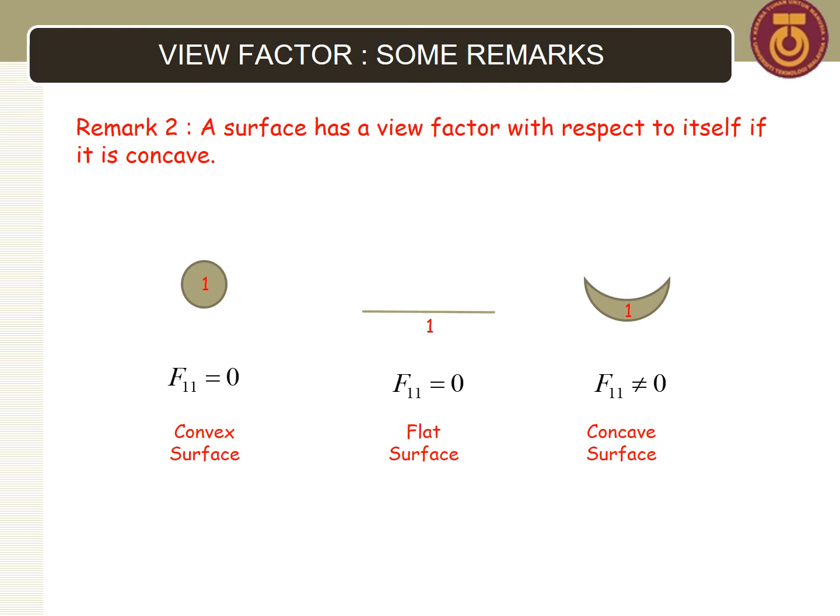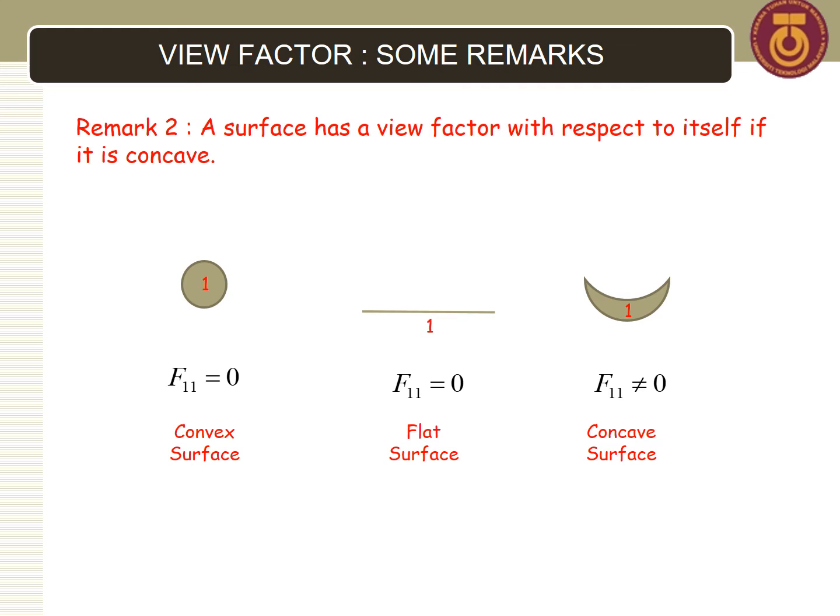View factor with respect to itself means F11. Normally the view factor is with respect to another surface, but for some types of shape, that surface has a view factor with respect to itself. So I'll give you 3 examples here.